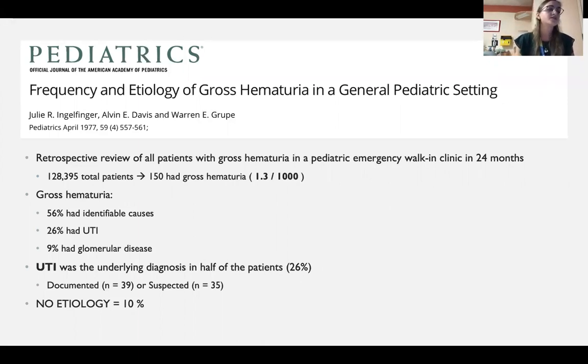And from all the children with gross hematuria, a little bit over half had identifiable causes. Almost a third of them were UTIs. Around 10% had glomerular disease, and no etiology was identified in 10% of the patients. However, it's important to notice that there was another 23% that were treated as suspected UTIs, but they never obtained confirmation.